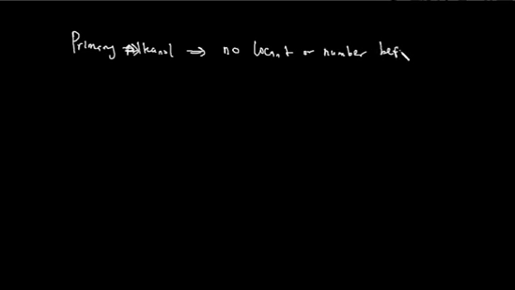If it is a primary alkanol, how you will know a primary alkanol based on the name is that there is no locant or number before the "ol" to indicate the hydroxyl position.